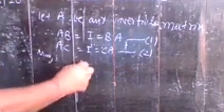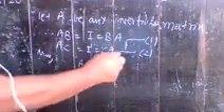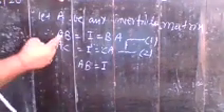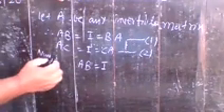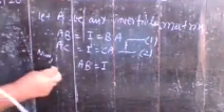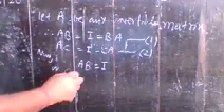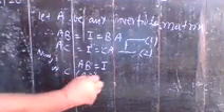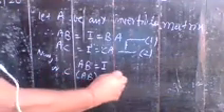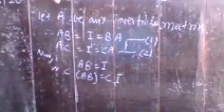Understand? So here you take AB equal to the identity matrix. This is the result from equation 1. Now you apply matrix C on both sides: C into AB equals CI, C into the identity matrix.